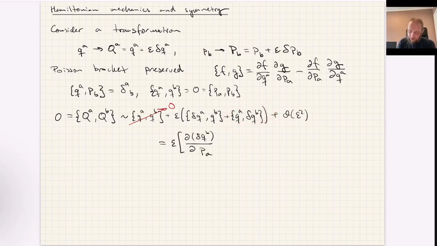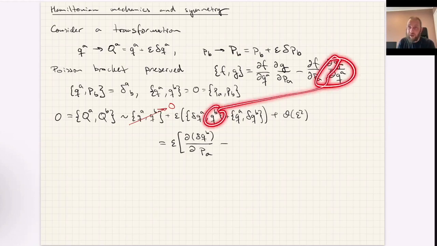If I insert QA as my f here, this is a delta. What I have left is the delta inserted there, and that's the dpa. And in the other term, I get a minus sign because I'm now having QB in the second term. So this is where I have the derivative that becomes non-zero.